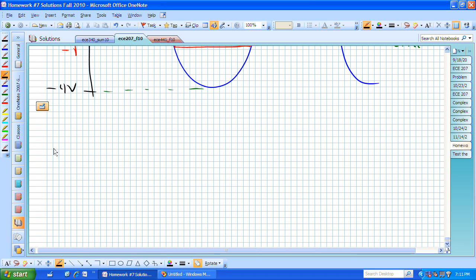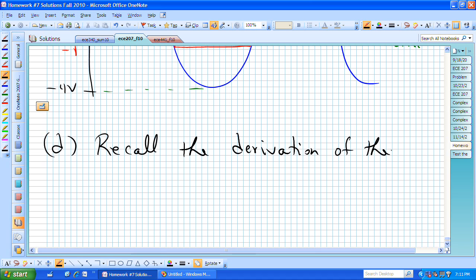Part D for this particular problem says, for a frequency of 1 megahertz and a load resistor of 1 kilohm, what peak output voltage is possible without distortion? Well, what we need to do is recall the derivation of the full power bandwidth.